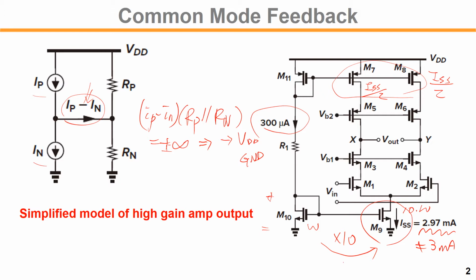And also, this drain voltage and the gate voltage, this drain voltage of the M10 and M9 is different, and also M11 drain voltage and 7 and 8 drain voltage are different. So you cannot guarantee the same current.